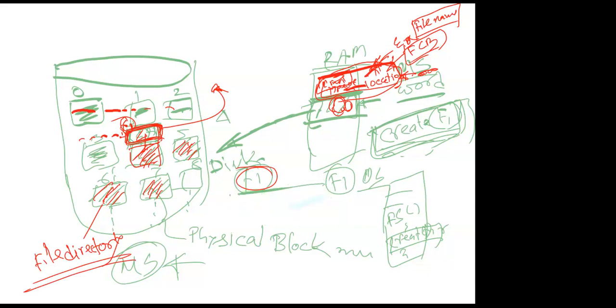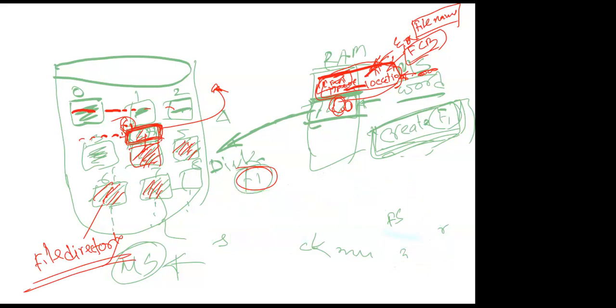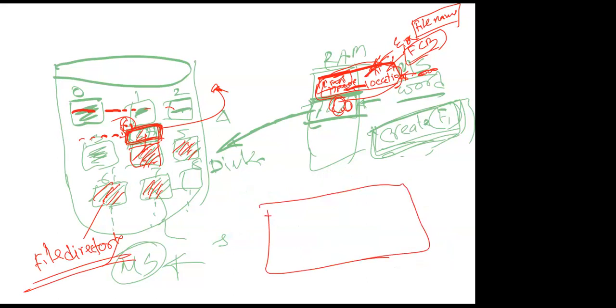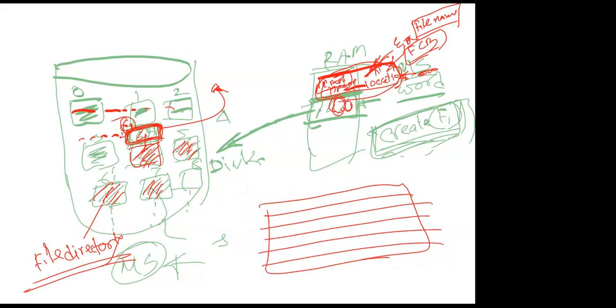Let me draw it here. The file directory is nothing but a table. It has some rows as well as some columns.